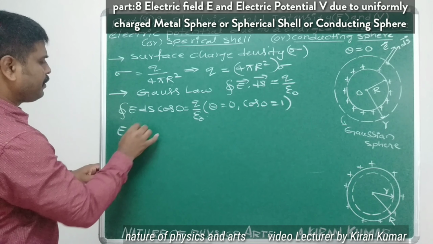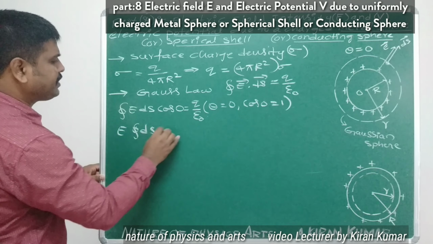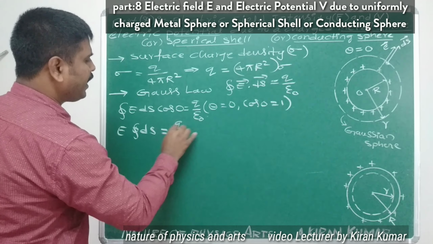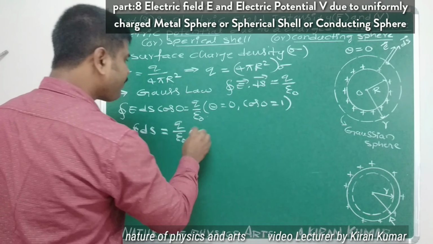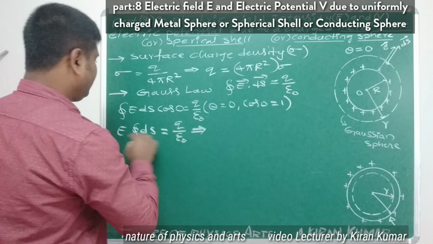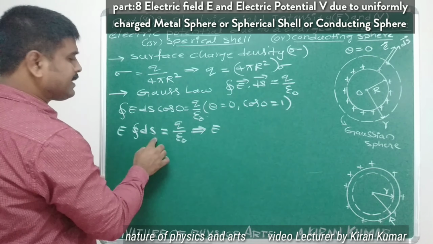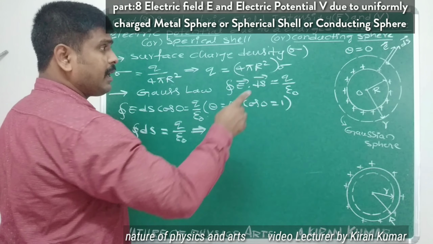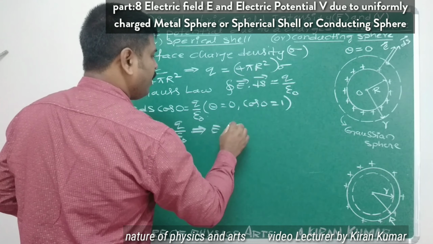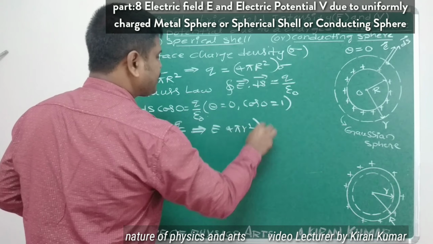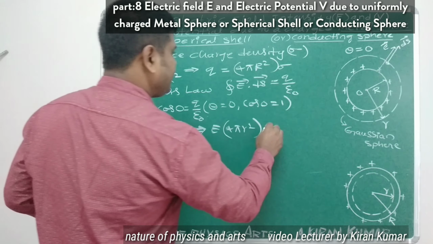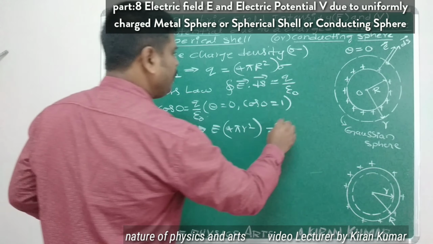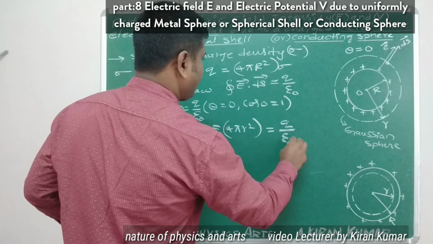Integral ds is S, the surface area of the Gaussian sphere, 4 pi small r square, which is equal to Q divided by epsilon naught.